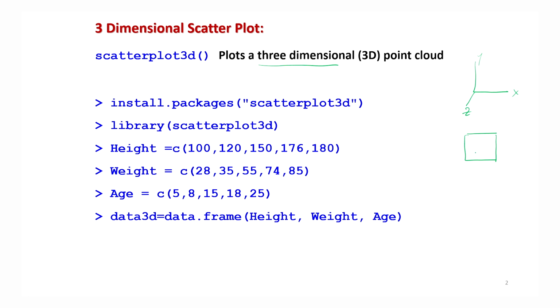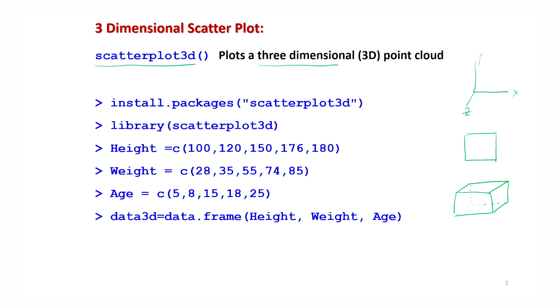For example, this is a rectangle or square. Now, if I make it into three dimension, you can see I am still in two dimensions, but if you look at this graphic, it looks as if you are viewing it in three dimensions. So we are going to consider this type of graphic using the command scatterplot3d.